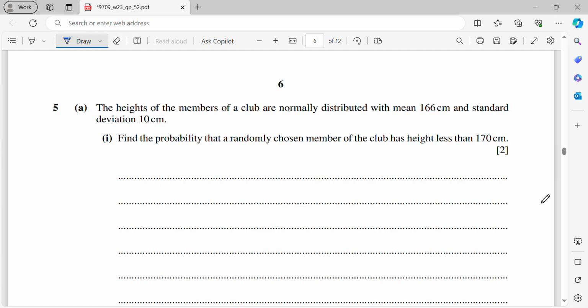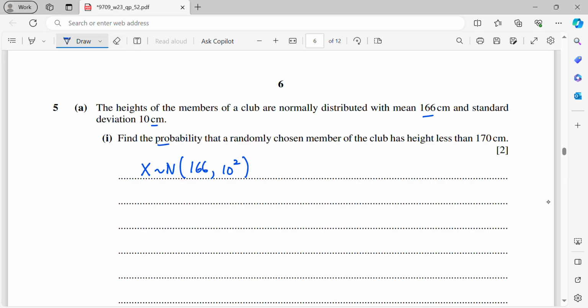Now for question number 5. The heights of the members of a club are normally distributed with mean 166 cm and standard deviation 10 cm. So here our x is normally distributed, 166 is the mean, variance is 10 squared because standard deviation is 10.